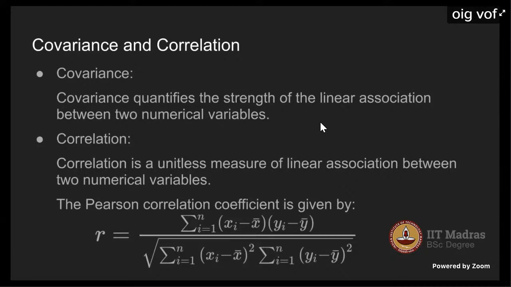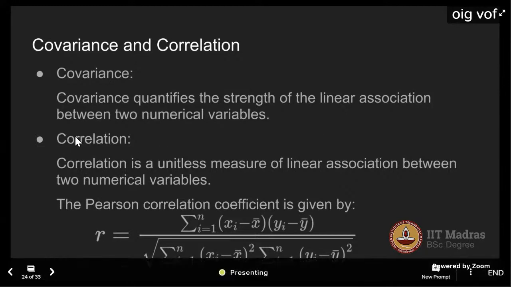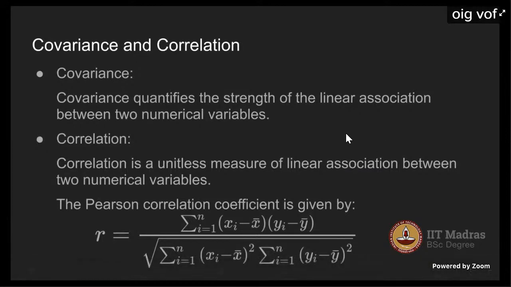That's why the concept of correlation comes in. Correlation is the unit-free measure of linear association. So you calculate the correlation for both relations and see which one has the stronger relation.